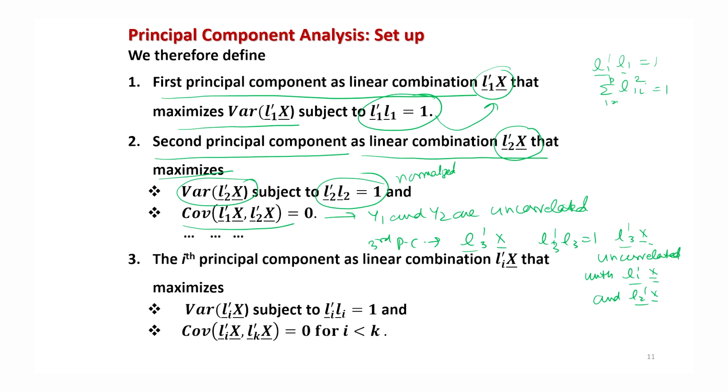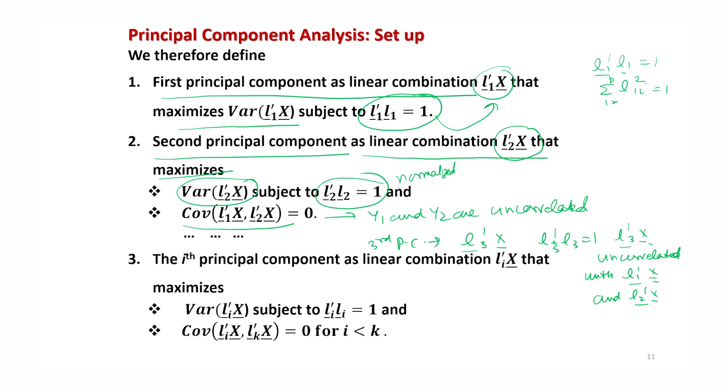Similarly, for the fourth principal component, its variance has to be maximized subject to the sum of squares of the coefficients being equal to 1, and the fourth principal component should be uncorrelated with the first three principal components.